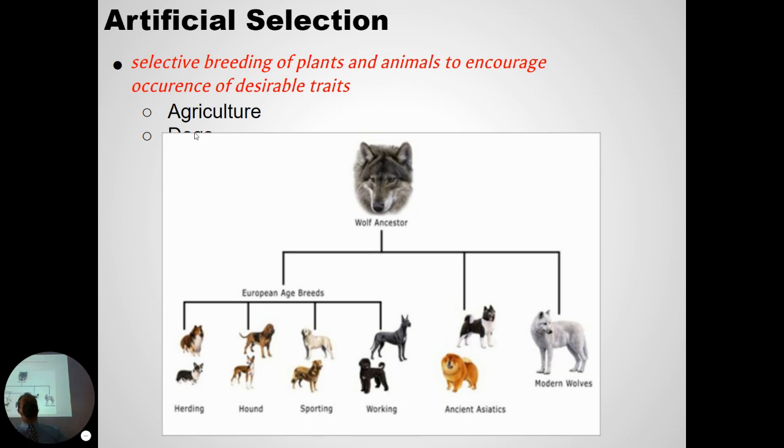So are dogs different species? Is a lab a different species from a Chihuahua? Or are they the same species? What do you think? Is a golden retriever and a poodle the same species? Jordan?